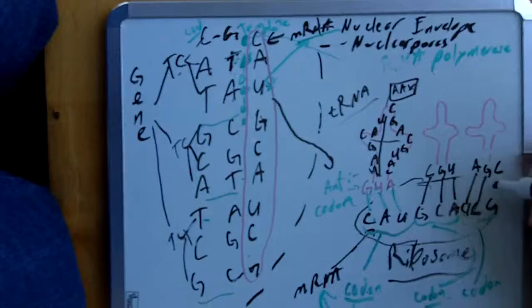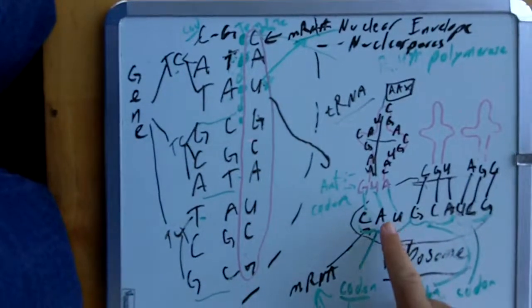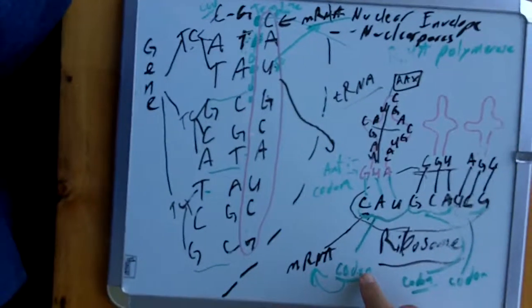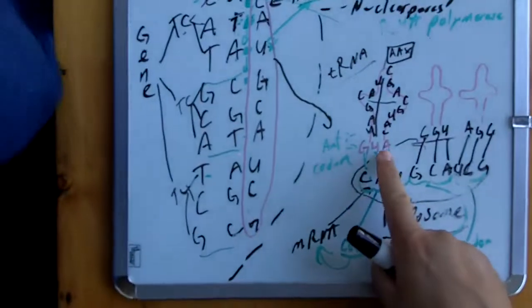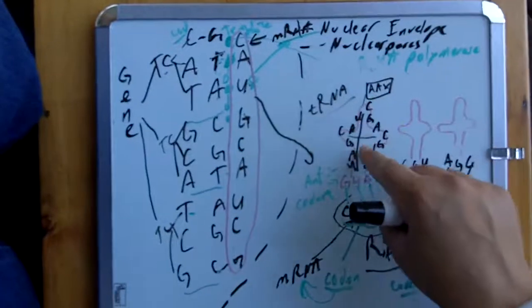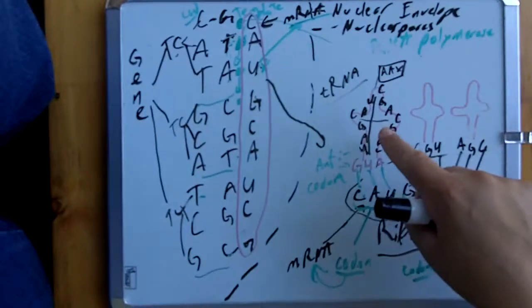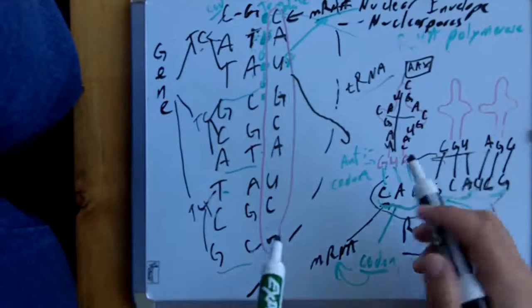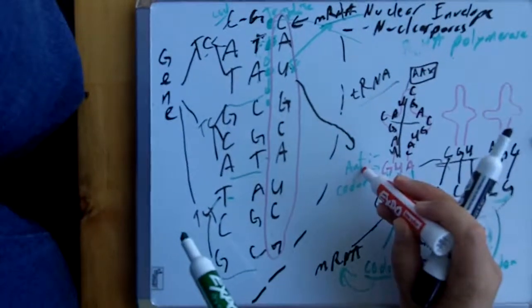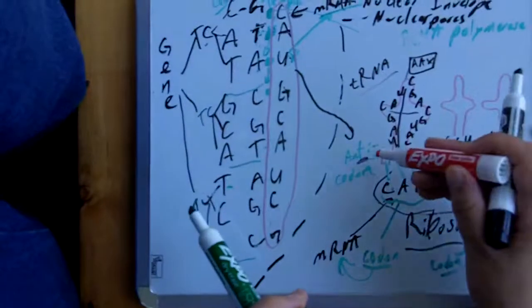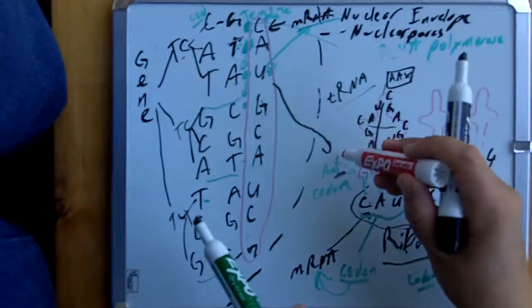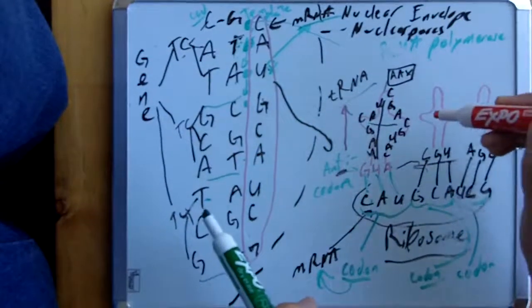Now, to reiterate, these three, because it's messenger RNA, are called a codon. These three, which are on tRNA, that thing that looks like a T or a cactus or a ghost, are called the anticodon. Take note that anticodon has what letter in it that codon does not? T. So the letter T in anticodon tells you it's part of tRNA.